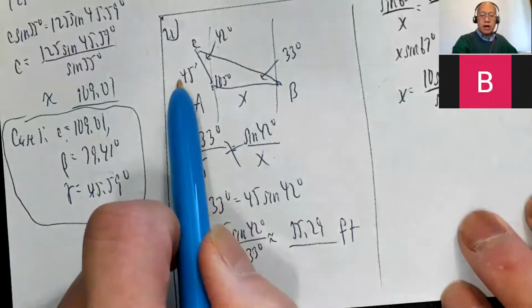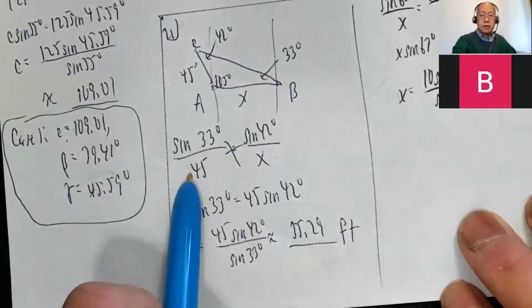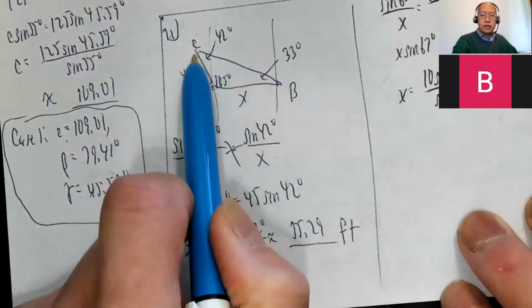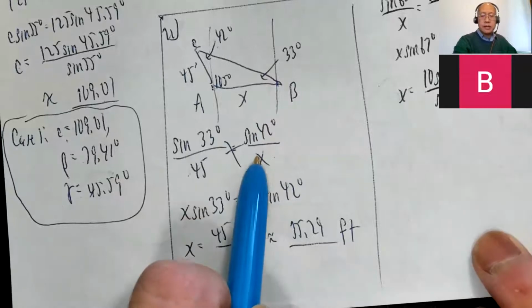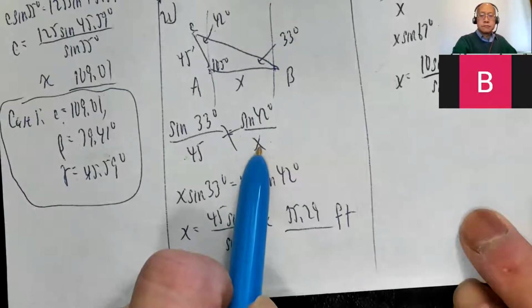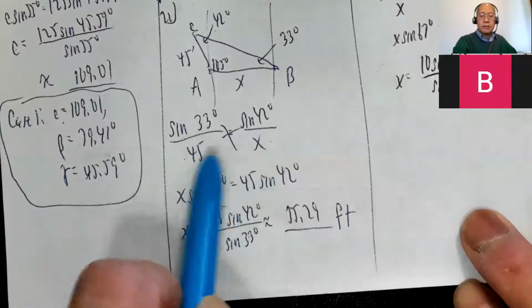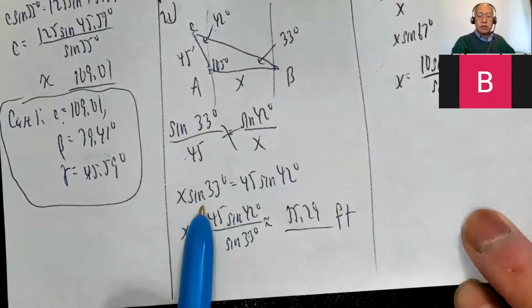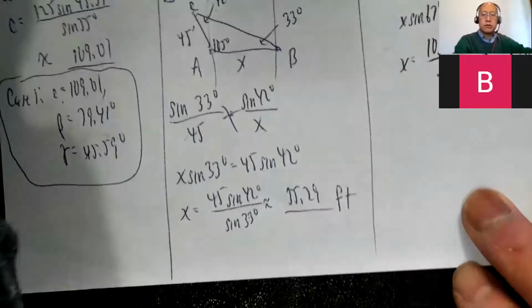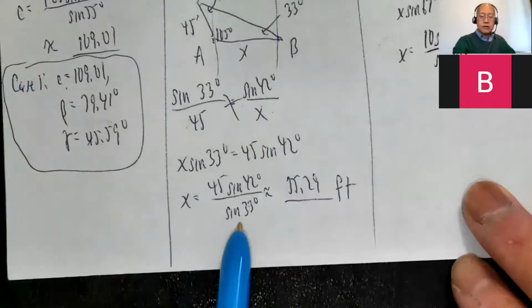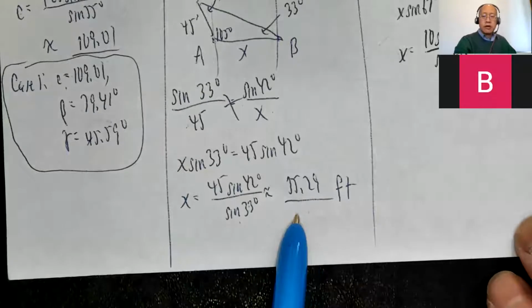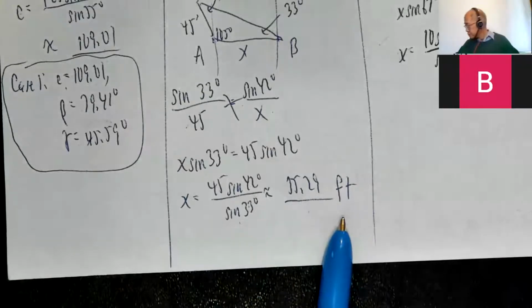Sine of 33 divided by the side opposite, 45, is equal to sine of 42 divided by the side opposite, which is x. Cross multiply. X sine of 33 equals 45 sine of 42. Divide by sine of 33, punch it in the machine, 55.29 feet.